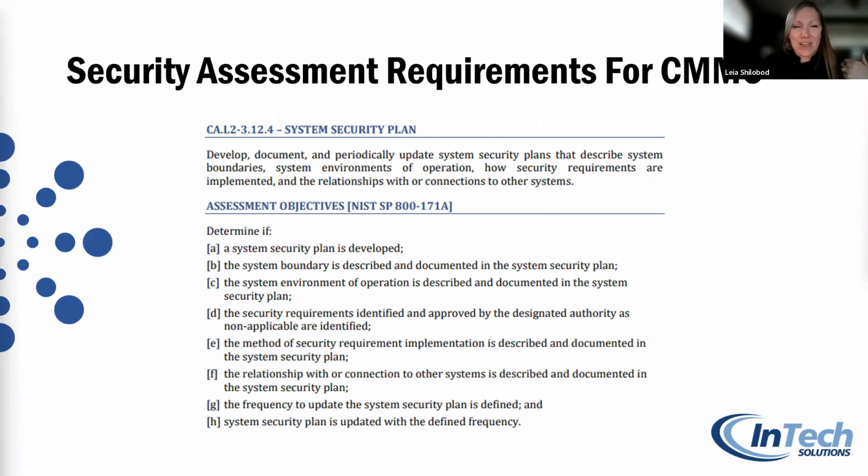You have to assure that there is a plan, that the system boundary and environment requirements are identified, that all of those things are in the plan, how you are meeting the controls, and how often you are reviewing the plan and updating it.